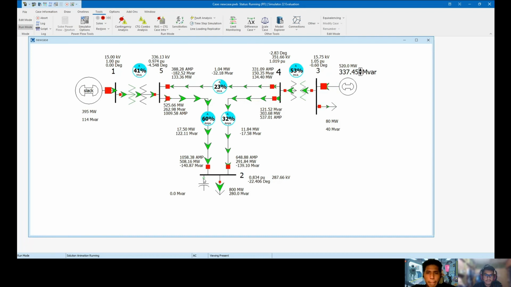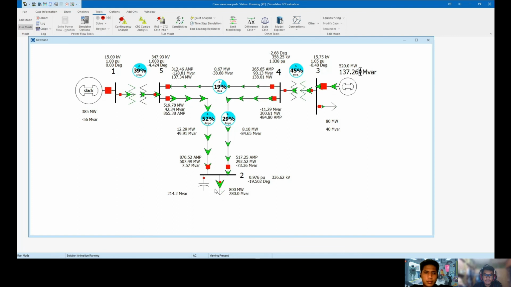So I have connected the capacitor bank in parallel. As we see, the pu is increased from 0.834 to 0.9676, so it's in the acceptable range.